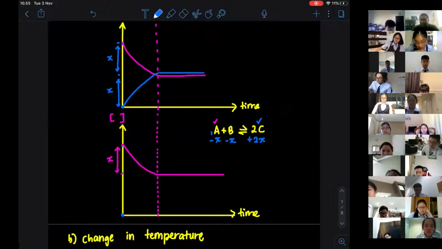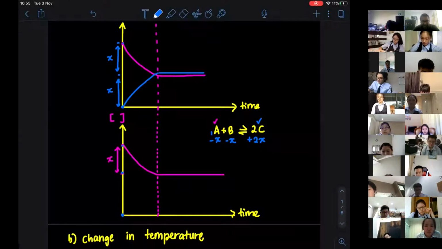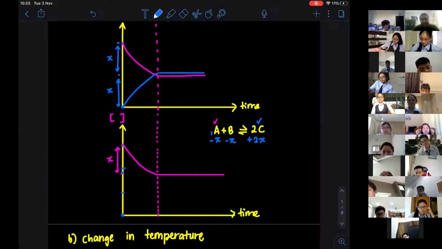Now, I know the C is supposed to increase by how many? Let's say from here to here is about 1 cm. I expect the change will be 2 cm. You can see this is 1 cm, this is 2 cm.